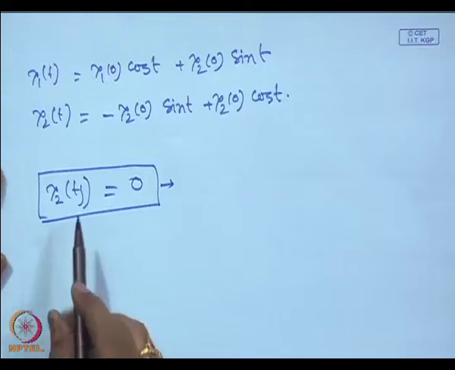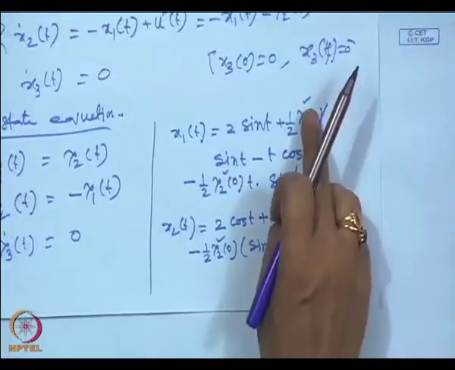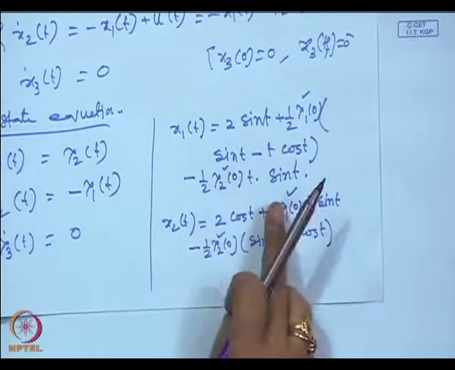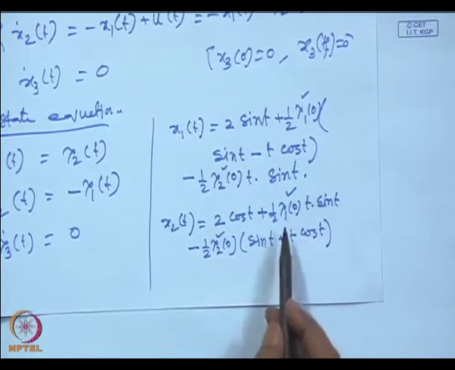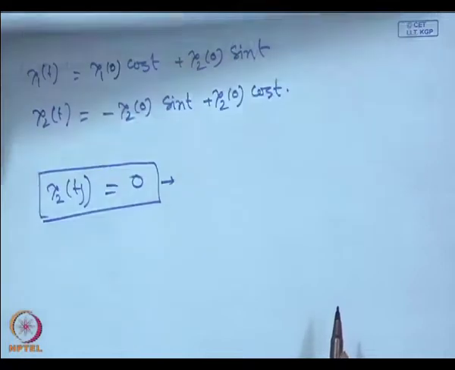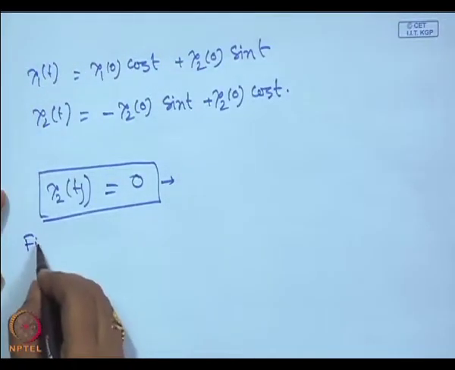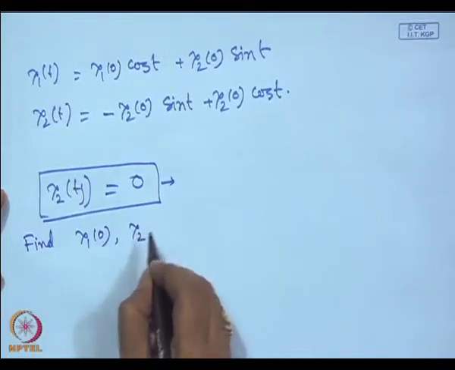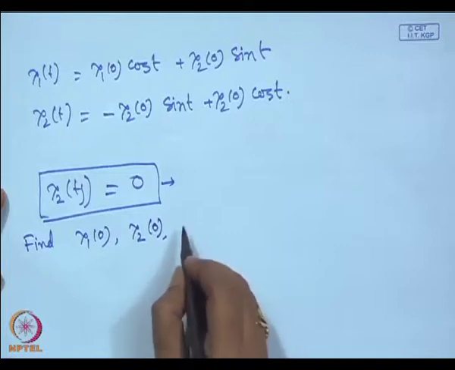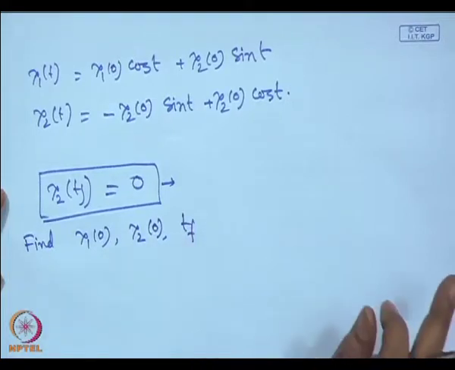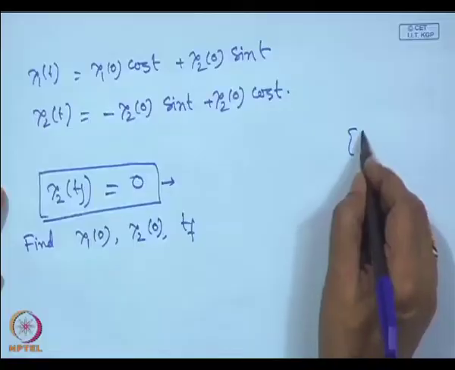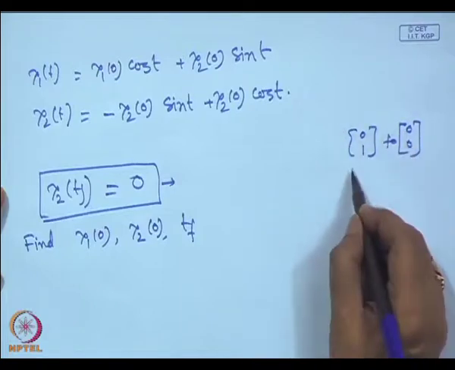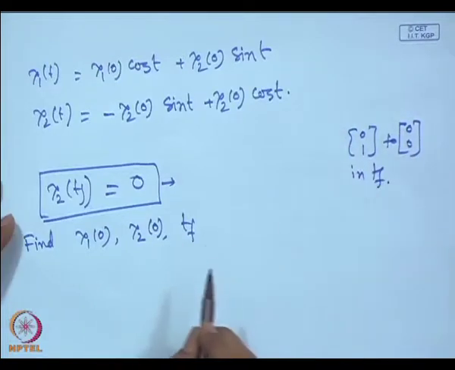You must know that there are unknowns here: lambda 1 0 and lambda 2 0. So next, find lambda 1 0 and lambda 2 0 and Tf, because you have to drive this state from the initial condition 0, 1 to the final condition 0, 0 in time Tf. So Tf is also unknown.